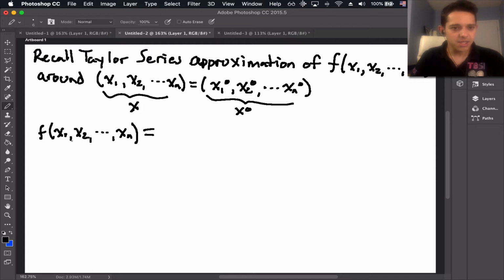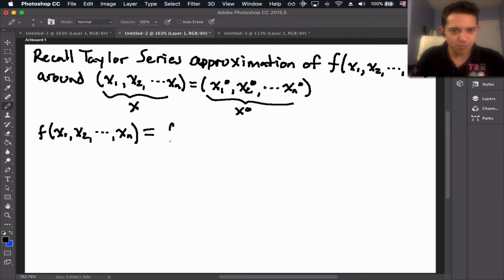Okay? So then what the Taylor series expansion says is we can approximate f of x1, x2, all the way to xn using a Taylor series approximation, which goes as follows.